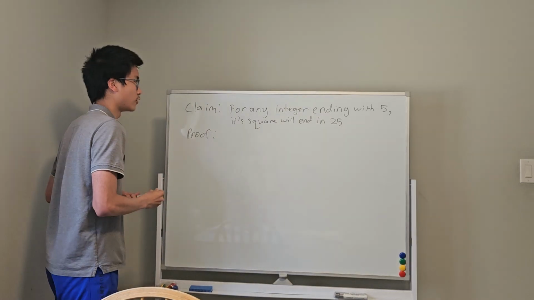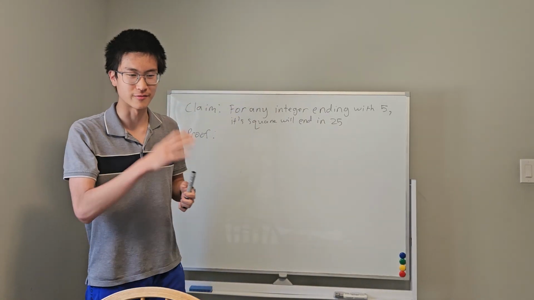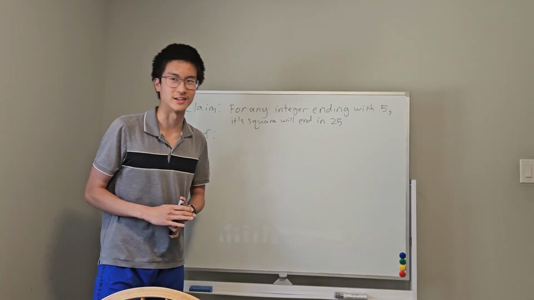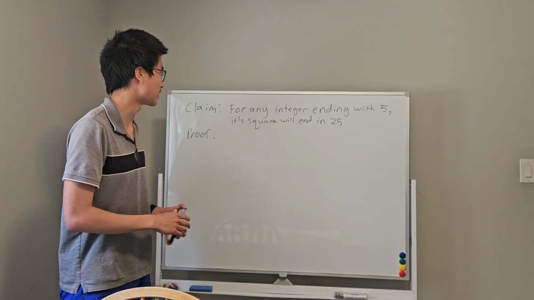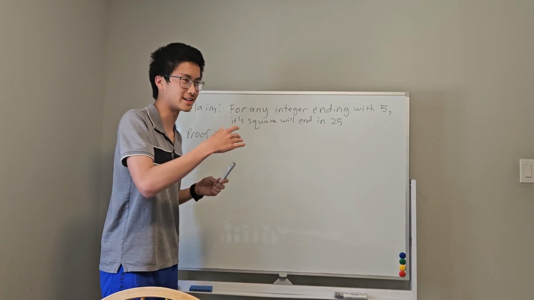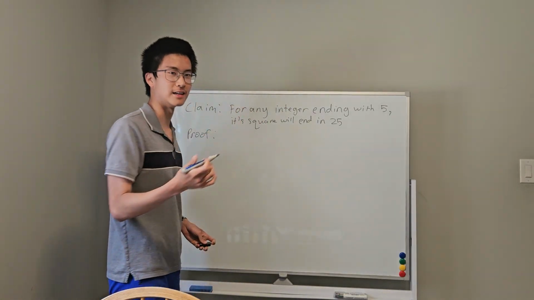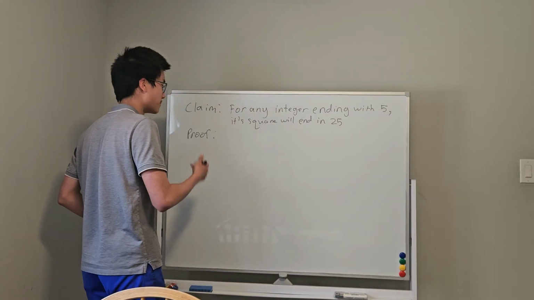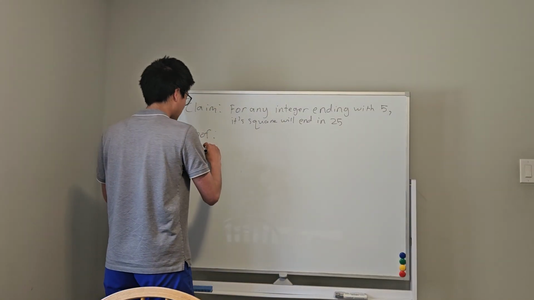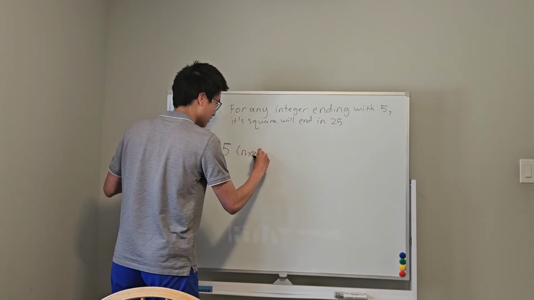All right, so for any integer ending with 5, if you've heard of modular arithmetic, by definition, this means that if we have an integer n, and n ends in 5, then n is congruent to 5 mod 10.